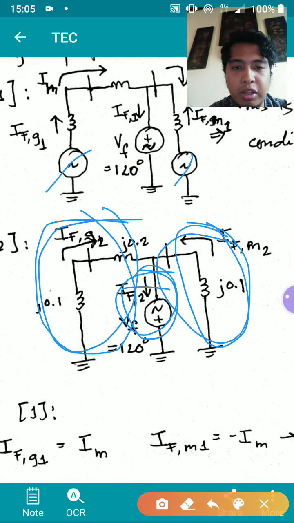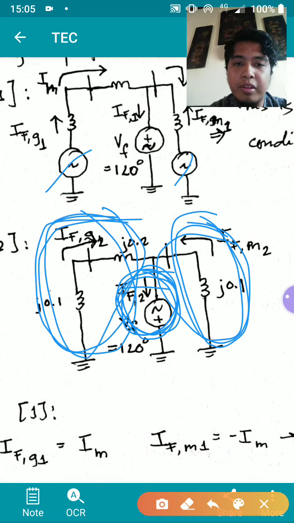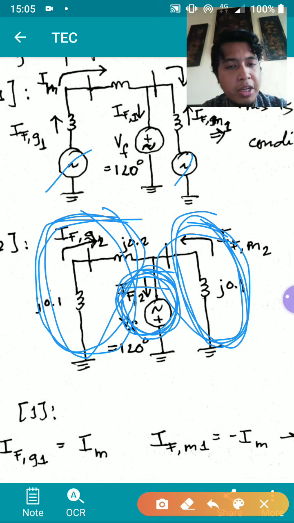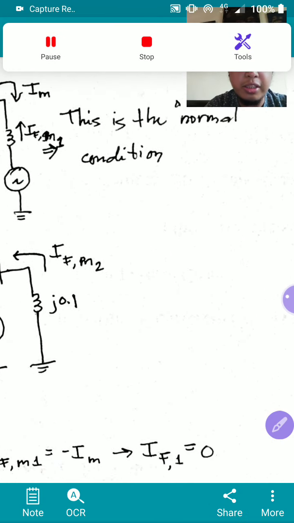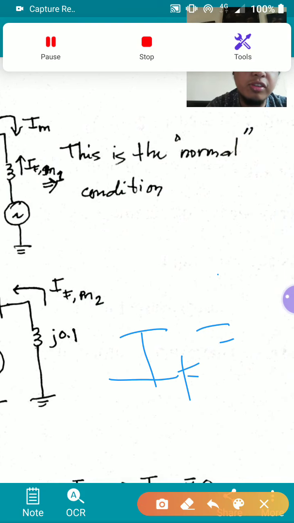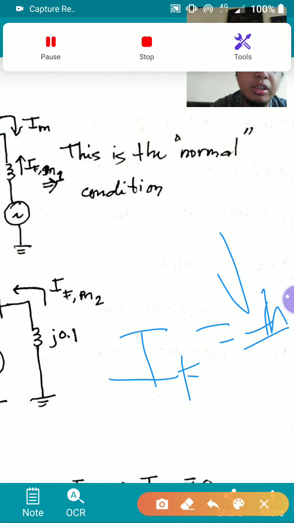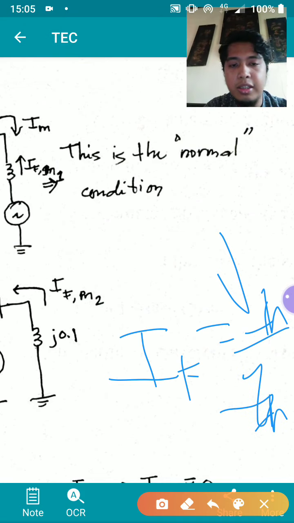You have the Thevenin equivalent voltage here at the fault point as the pre-fault voltage, and the combination of all of these impedances will be your Thevenin impedance, such that your fault current is just your Thevenin voltage divided by your Thevenin impedance.